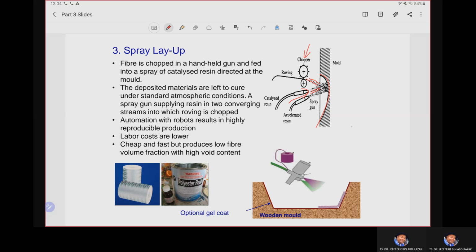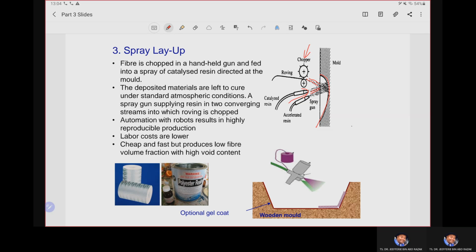A spray gun supplies the resin in a converging stream, into which the fiber roving is chopped. So please bear in mind we have two supply inlets here. First to supply the resin, and the second to supply the chopped fiber.